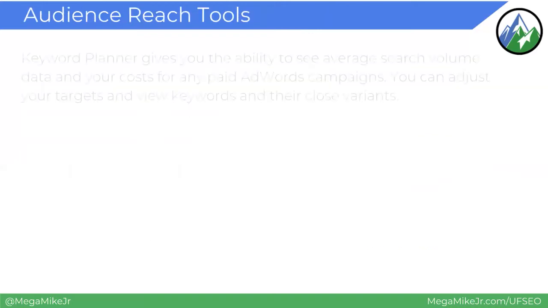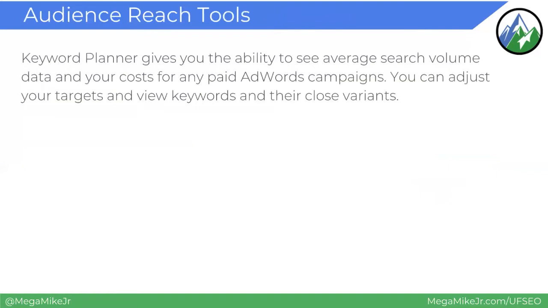So audience reach tools, we talked about Keyword Planner, and it gives you the ability to see average search volume data and your costs for any paid AdWords campaigns. So you can adjust your targets and view keywords and their close variants. Now I want to talk a little bit about that word close variants. If you've dealt with Google AdWords, for example, Google AdWords has broad match, exact match, phrase match, and broad match modified keywords.